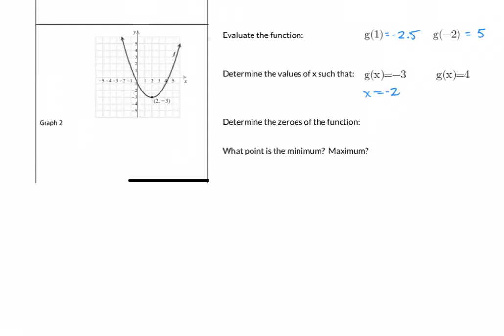All right, for g of x equals 4, we're looking for 4 on our y-axis. If we come across, this is going to be a little less than negative 2. So I'm going to go ahead and say, let's go with negative 1.7. It's not halfway, but it's not all the way to negative 2.